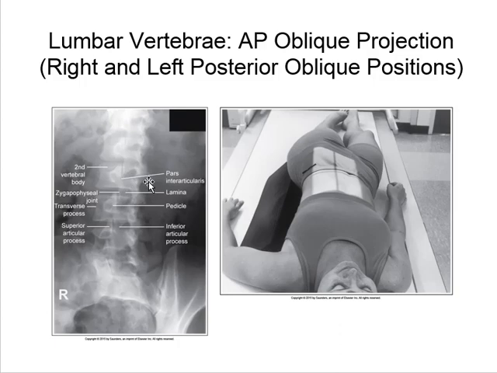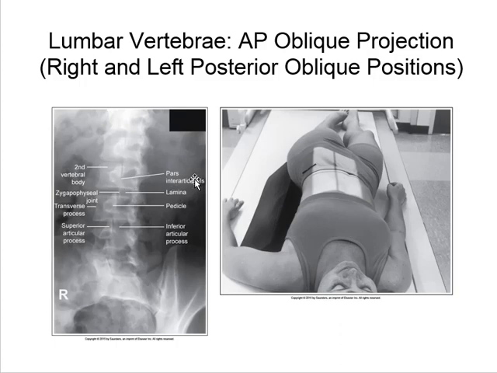And how we evaluate the rotation on our oblique is by looking at the Scotty dog. So in the Scotty dog, the nose is the transverse process.